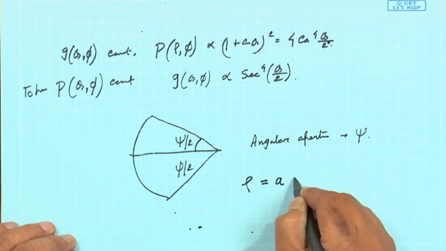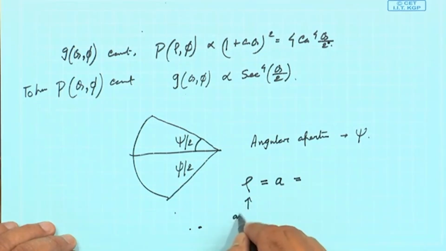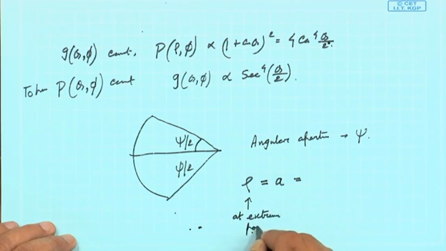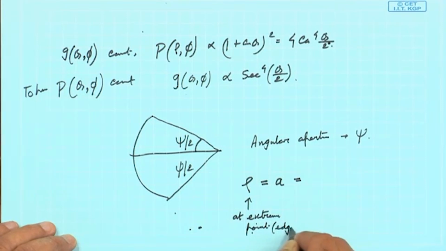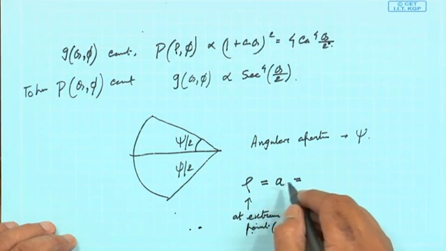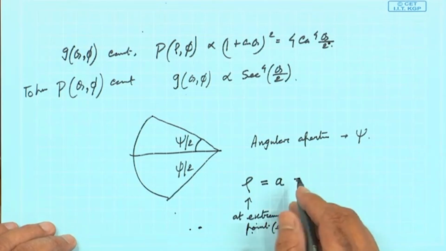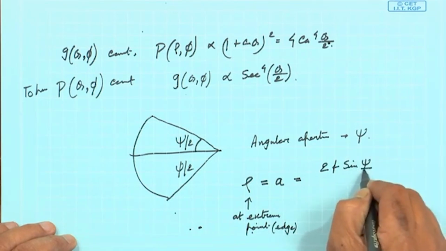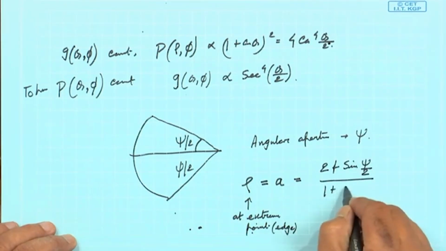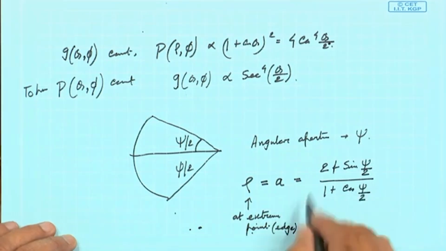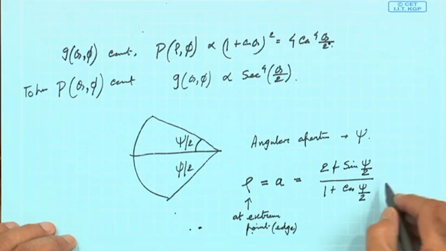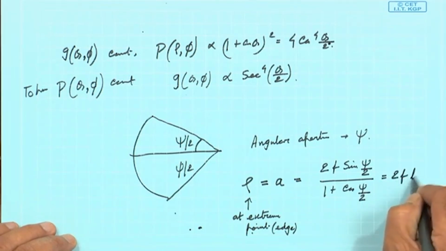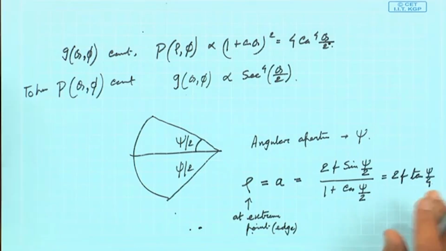Rho is A. So, rho at the extreme point or edge of the paraboloid is definitely equal to A, and that is 2f sin(psi/2) divided by 1 plus cos(psi/2), from the paraboloid equation. So, this is nothing but 2f tan(psi/4).